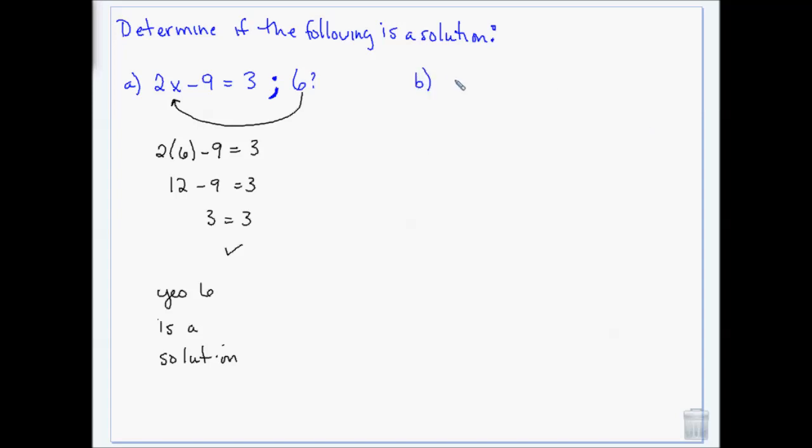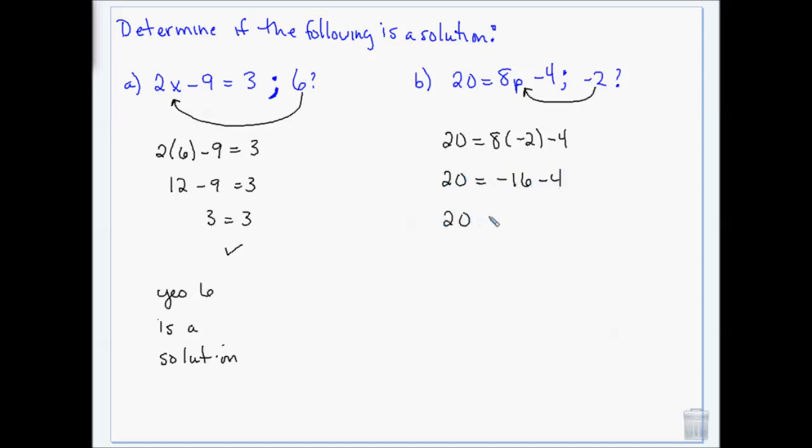If I give you 20 is equal to 8p minus 4, and I ask you, is negative 2 a solution? Well, I'm going to take that negative 2 and plug it in for p. So I get 20 is equal to 8 times negative 2 minus 4. So I get 20 is equal to negative 16 minus 4.